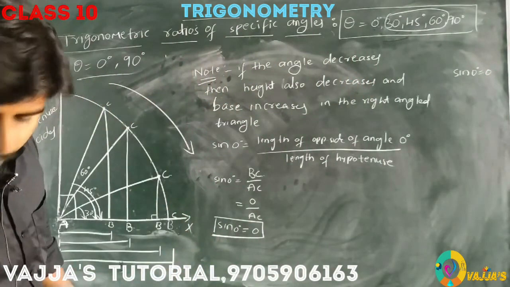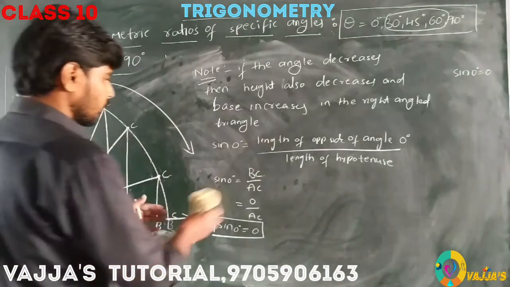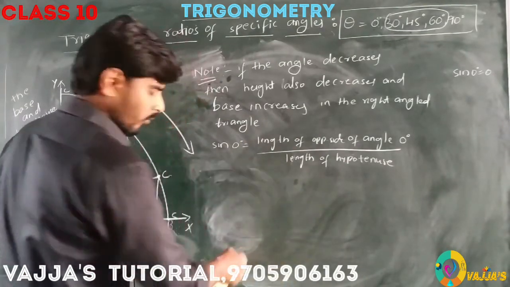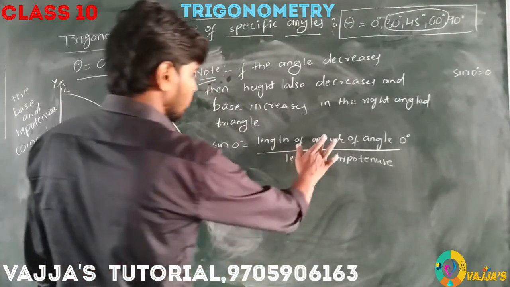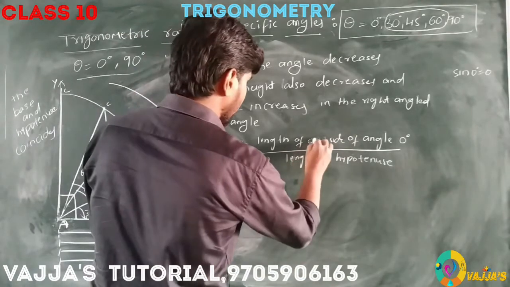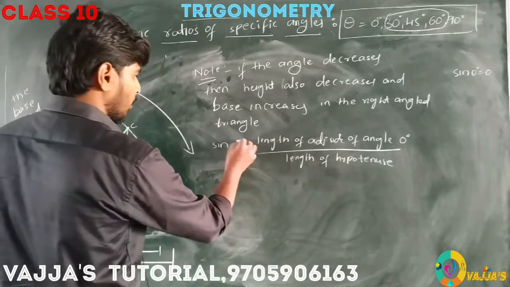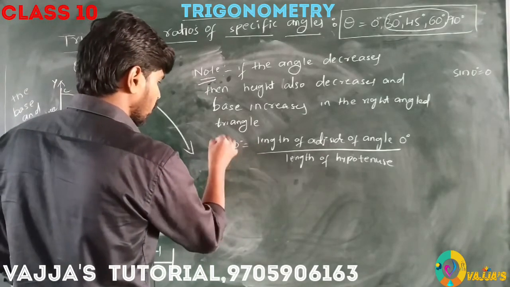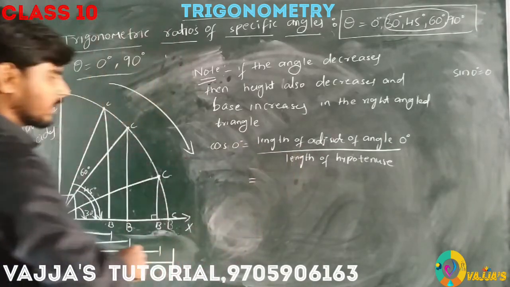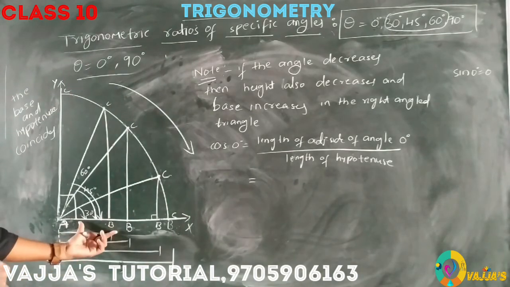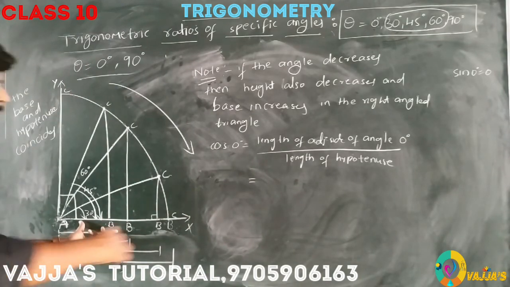Next look at cos. What is the cos ratio? Adjacent side of angle by length of hypotenuse. This is cos. So what is the adjacent side here? Nothing but AB.